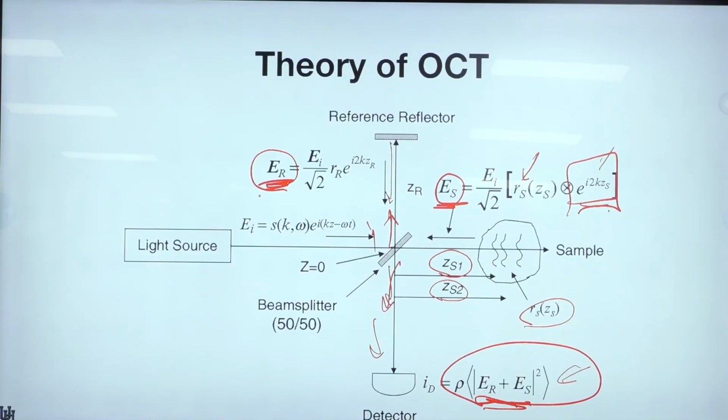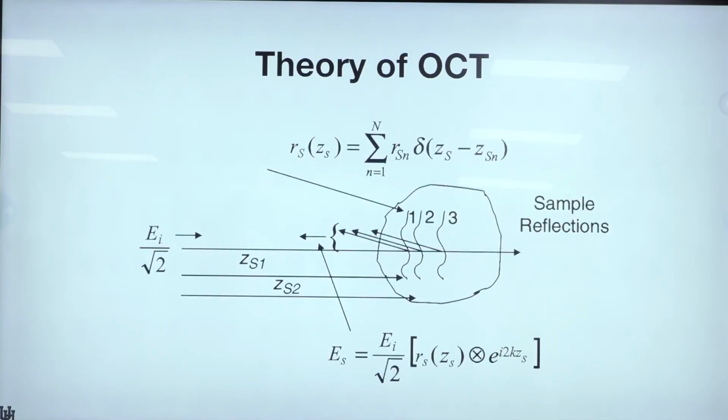We won't go into that for now, but basically that's what the detector does. It takes the square of the field. If you look closely at what happens inside the sample, it looks something like this.